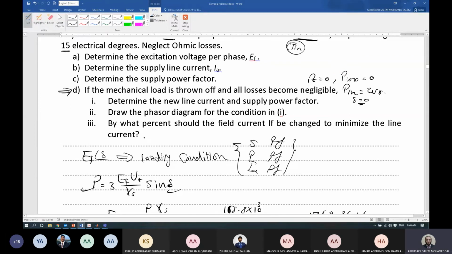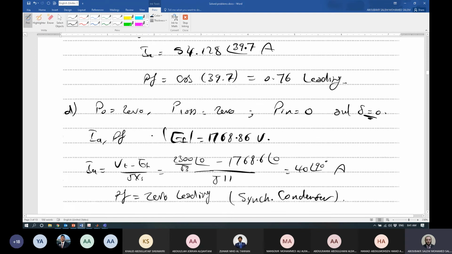Meaning, guys, the field current should be changed in order to reach the minimum value of armature current. This is what the question means.